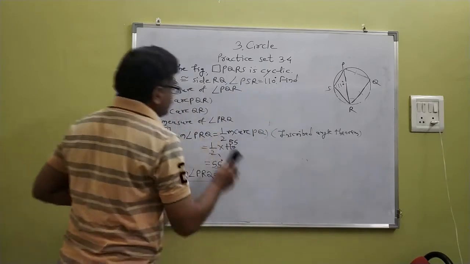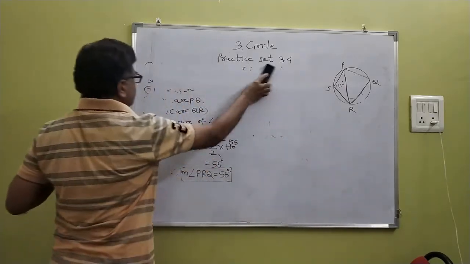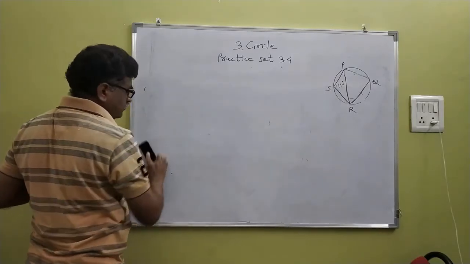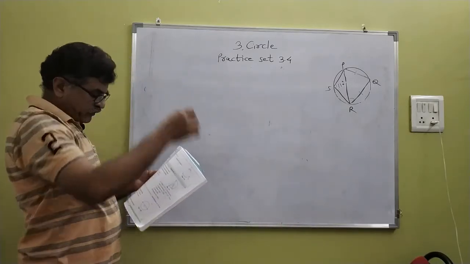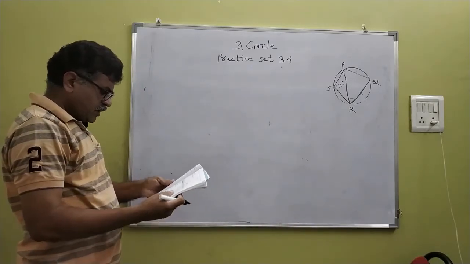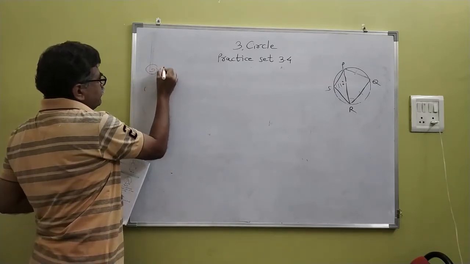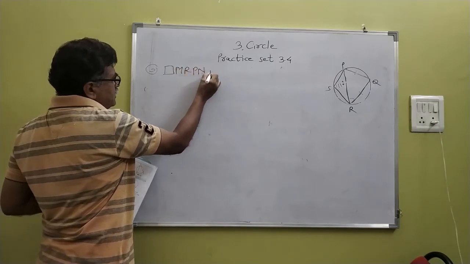Now question number 3. Quadrilateral MRPN is cyclic.